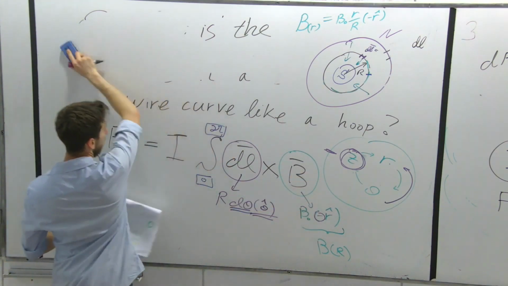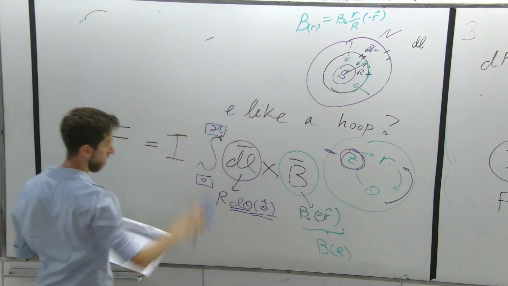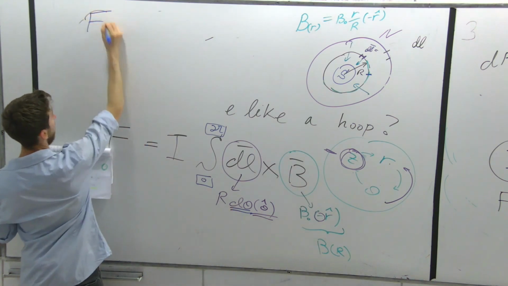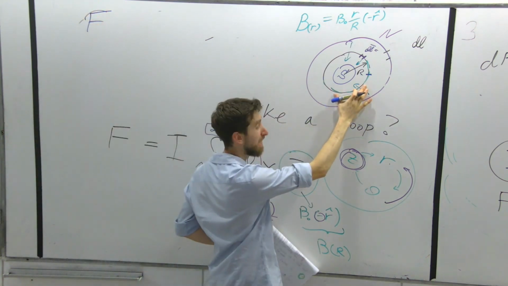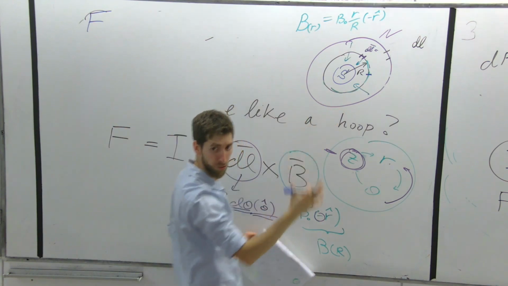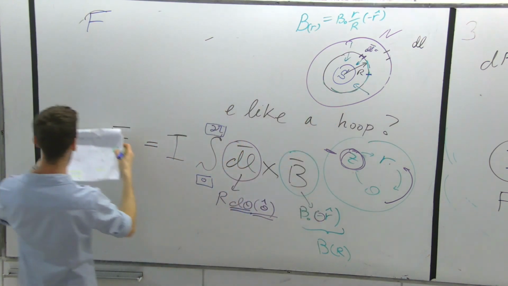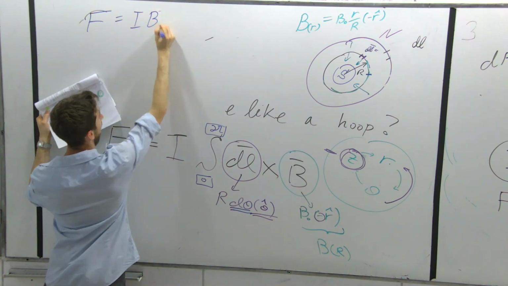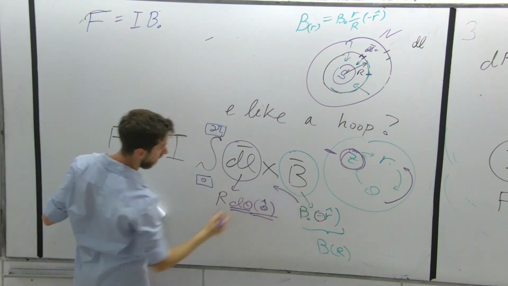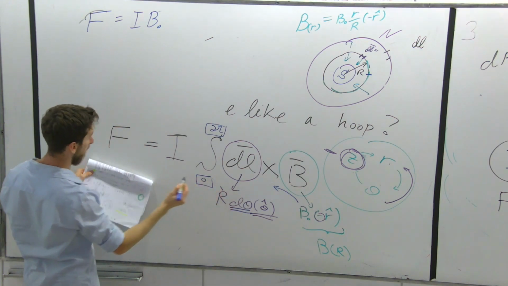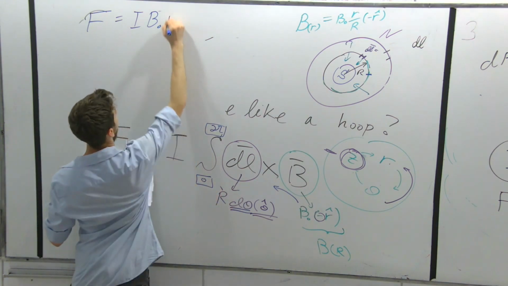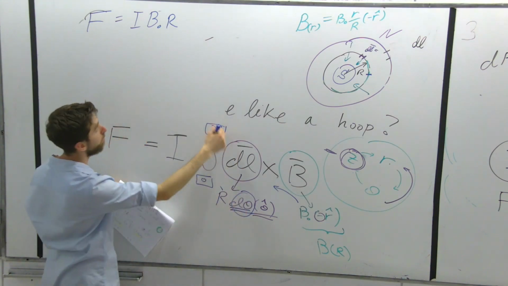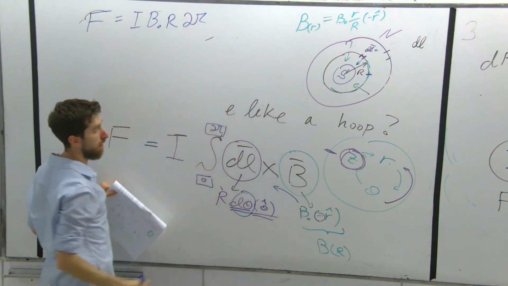So this ring actually feels a force. Somebody tried to move this ring around inside the magnet. So the force is equal to what? I can take this out, and I end up with an integral of d theta from 0 to 2 pi.